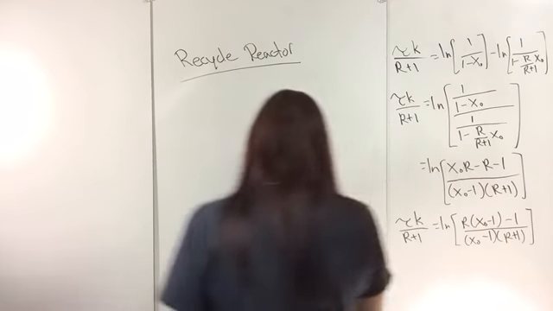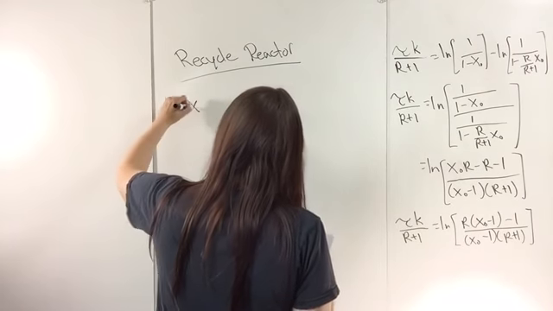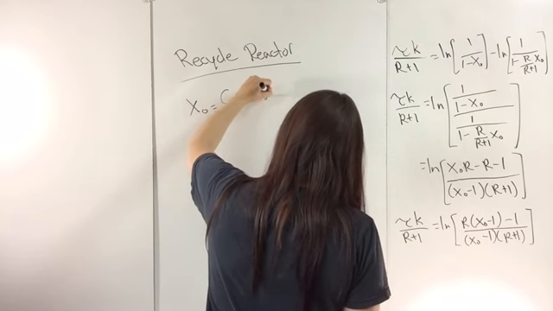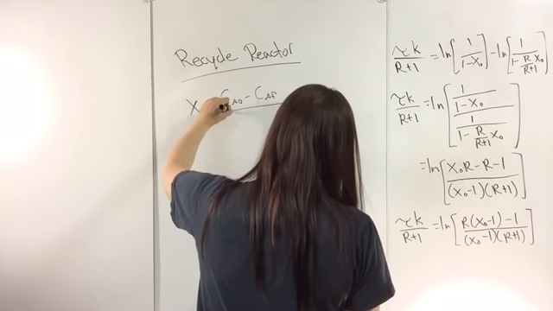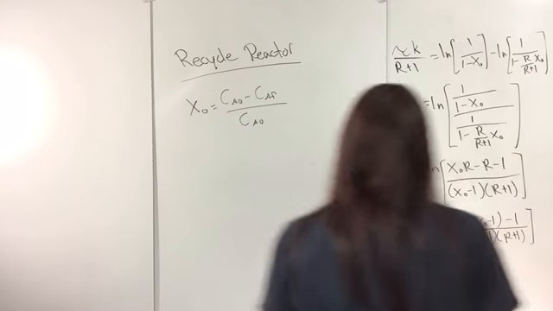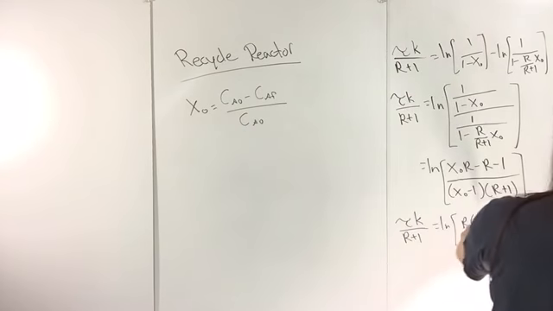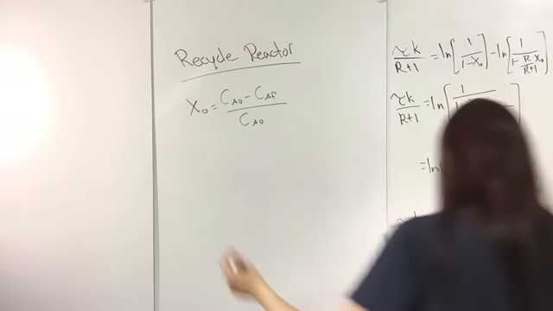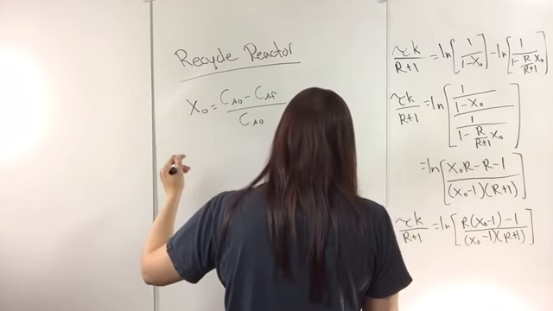Just taking this a step further, we know that X_0 is equal to (C_A0 − C_AF) over C_A0. And so then we can just plug this in for X_0.